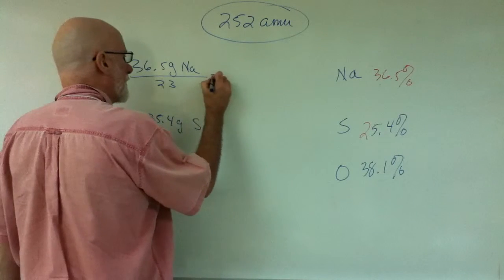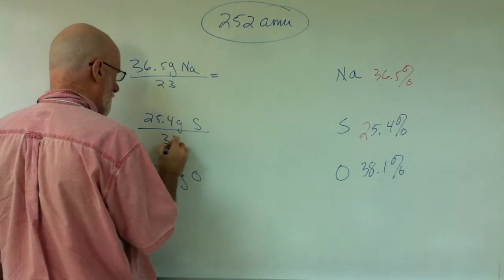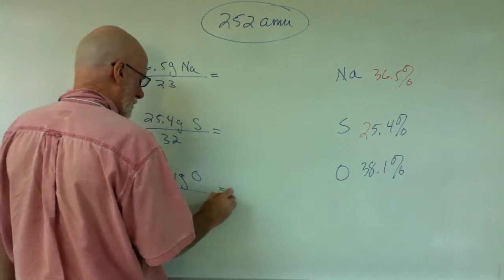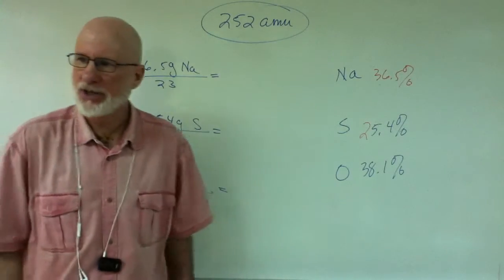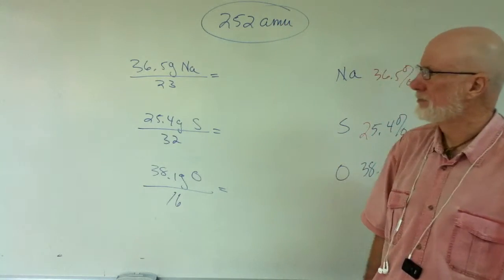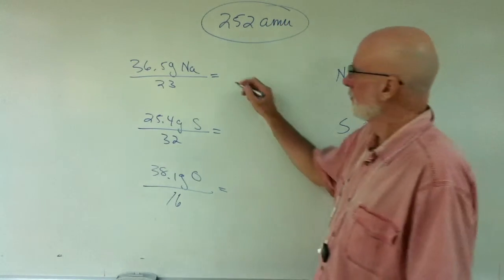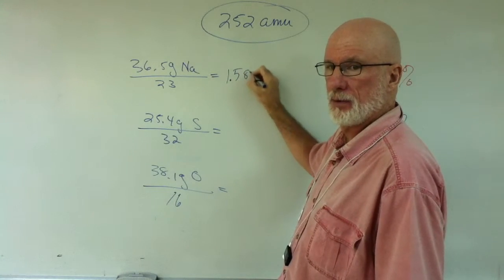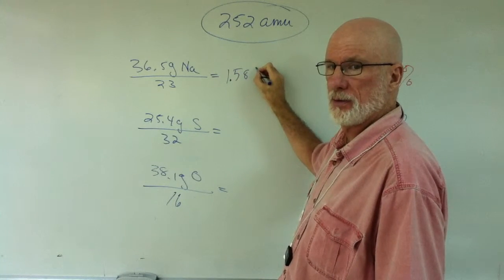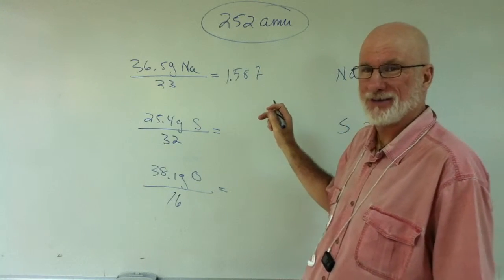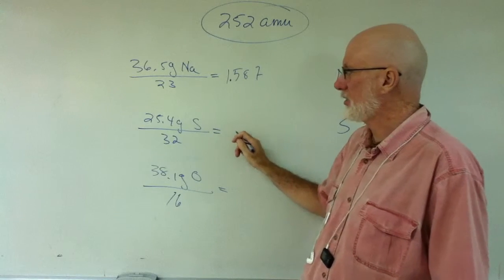So I want to know the moles of each, within 4 significant figures. 1.587. Is that okay? That's 4. Okay, good. What's this one?